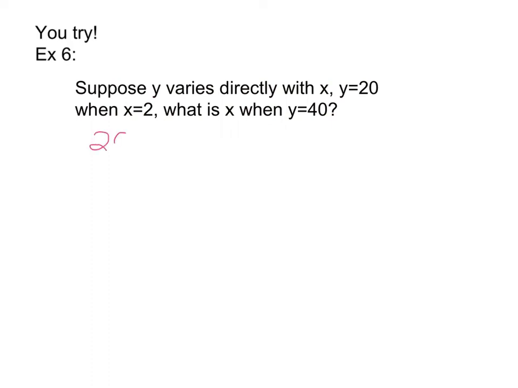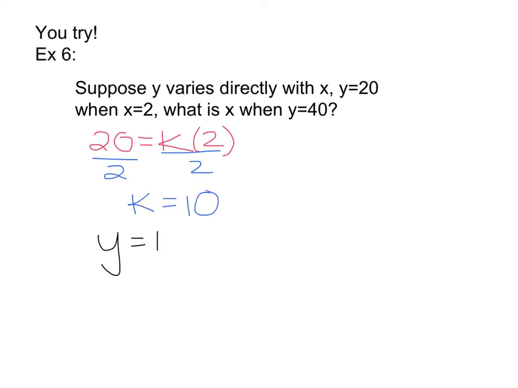I plug in 20 for y, I plug in 2 for x, divide both sides by 2, and you get that k is 10. So my equation would be y equals 10x, which then allows me to substitute for y, so 40 equals 10x, divide both sides by 10, so therefore x equals 4.